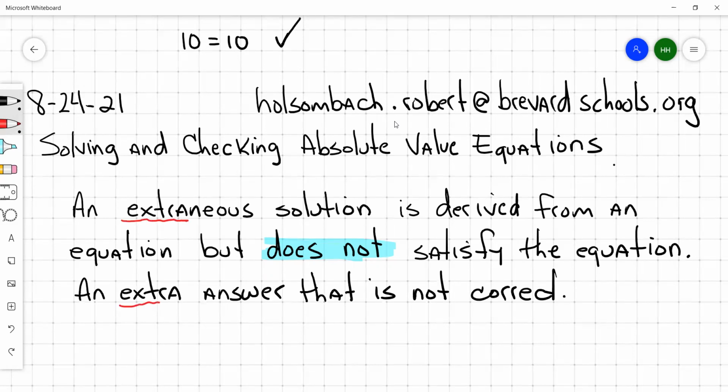It's an extra answer, but it's not right. It's derived mathematically, but when you plug it back into the equation to check it, it doesn't work. You're going to see what I mean here in just a minute. So next, we're going to solve and check for an extraneous solution.